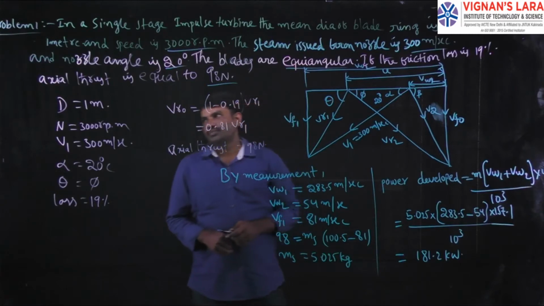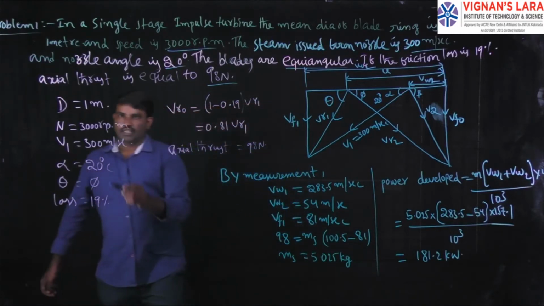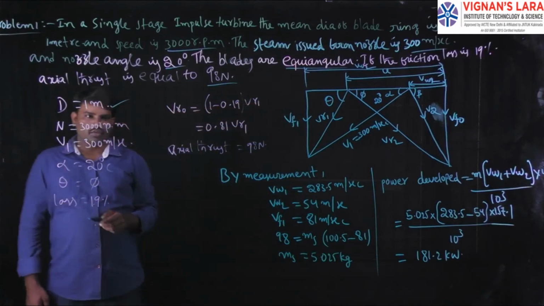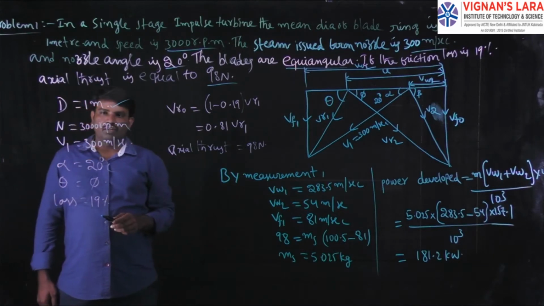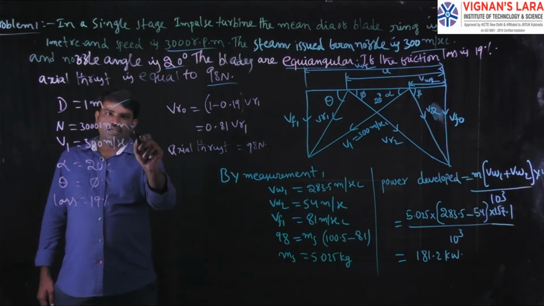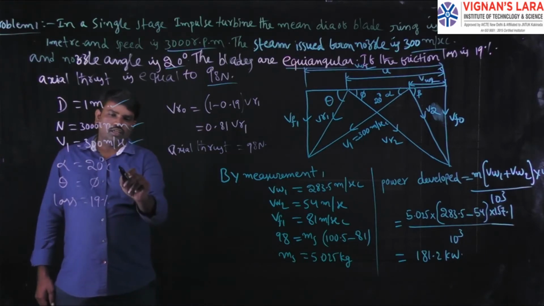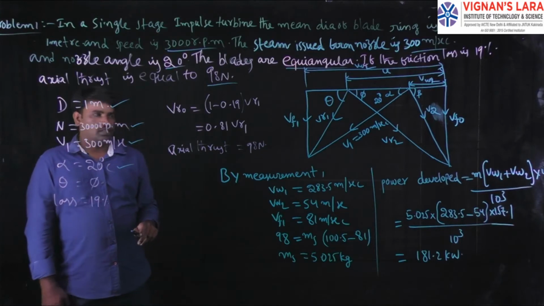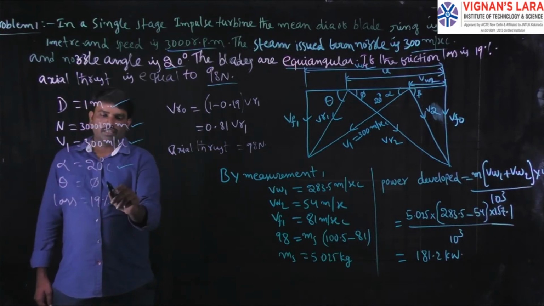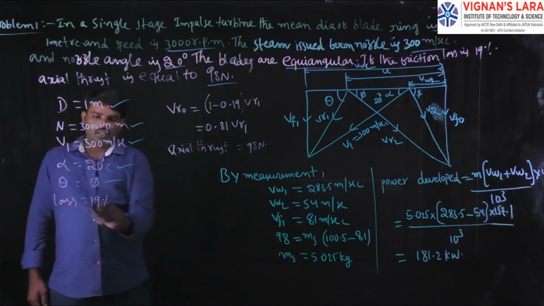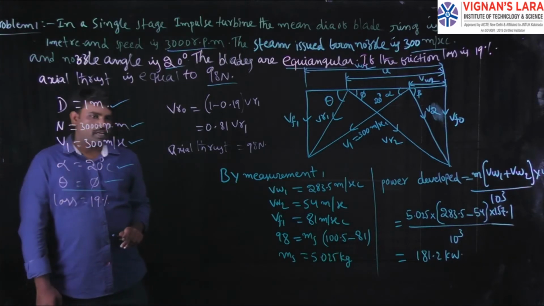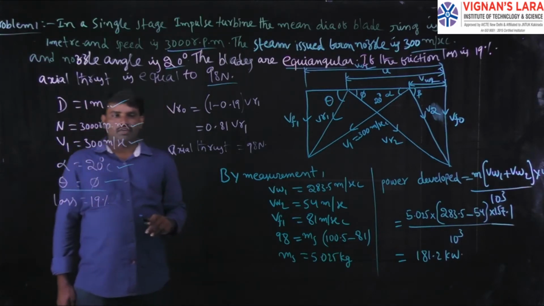See the given data. The diameter of the rotor is given, that is 1 meter, and the speed of the rotor is given, 3000 rpm. The velocity of the nozzle is given, and the inlet angle of the nozzle to the blade of the turbine is given, and the condition is theta is equal to phi. The blade angles are equal, we are using equiangular blade angles.